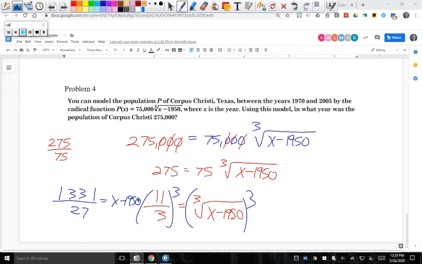You would be able to use a calculator with this. But I'm helping you because you need to develop awareness of fractions and things by hand. So many people miss these questions on SAT non-calculator portions because they don't get the practice with this. After I add 1950, you're going to get some kind of weird decimal answer possibly. Or with your calculators, can I do that real quick? What's 1331 divided by 27?